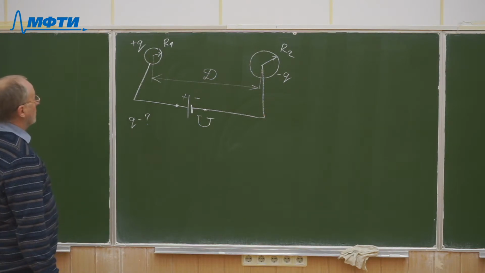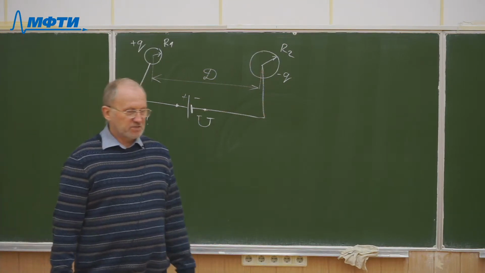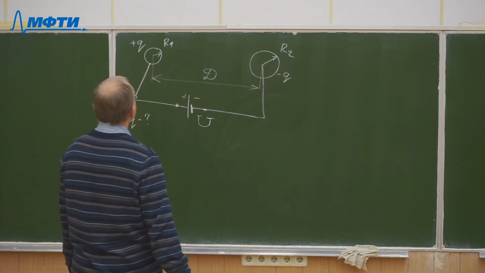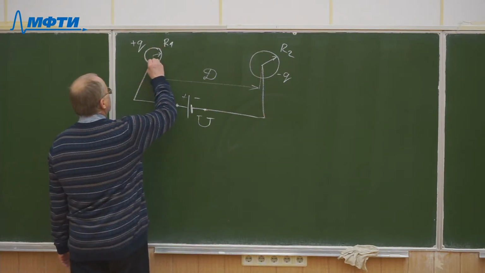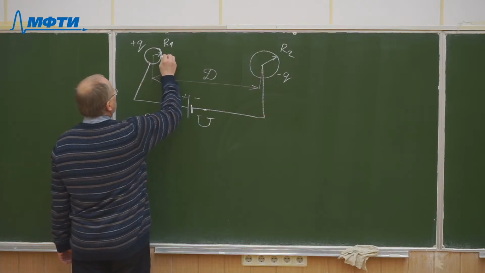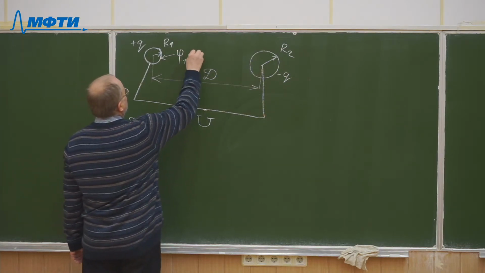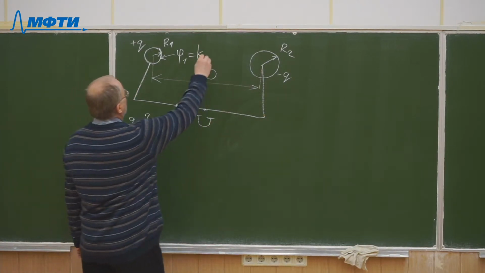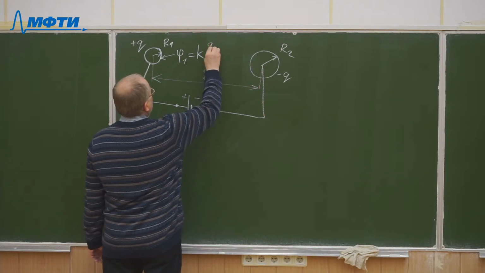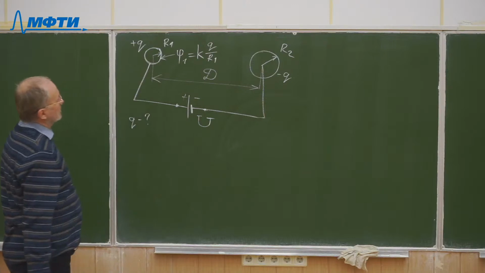So how can this problem be solved? We must remember everything that we know about electrostatics, and we know if the sphere is charged, then this sphere will have some electric potential. Let it be Phi1, which is defined by a well-known formula that we have already discussed, which is KQ over R1, and K is the constant.